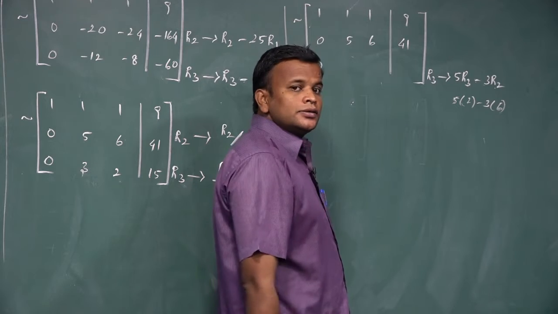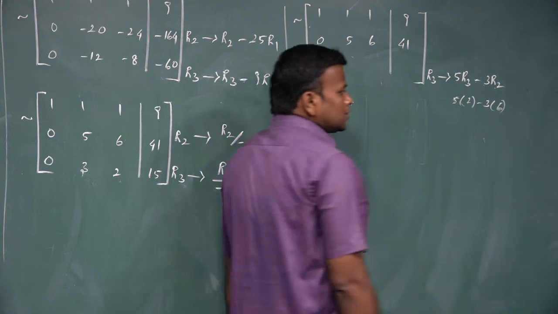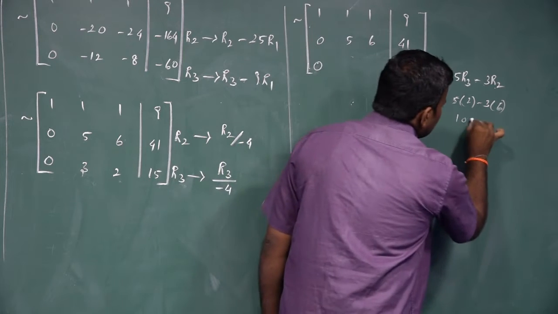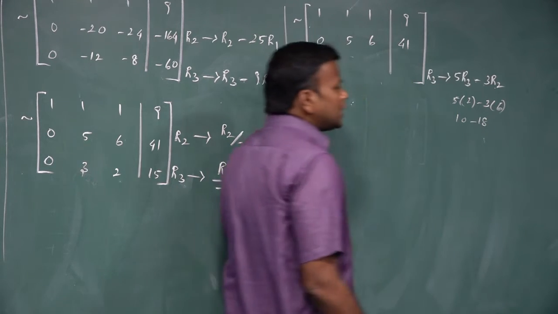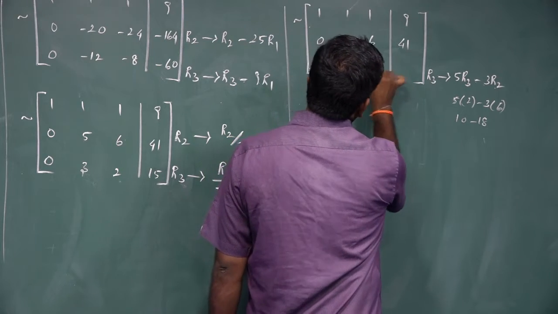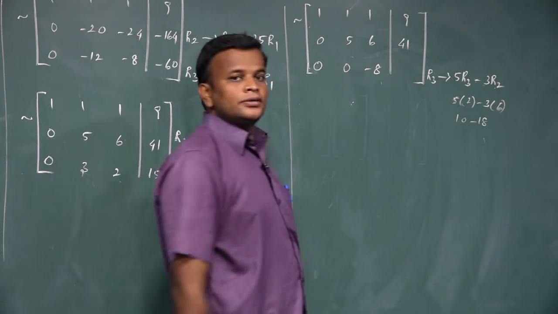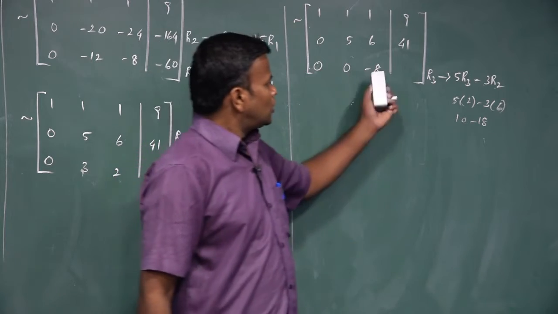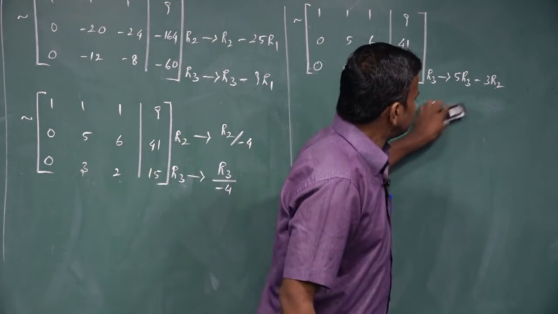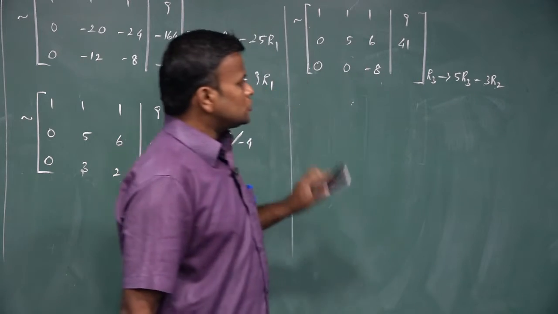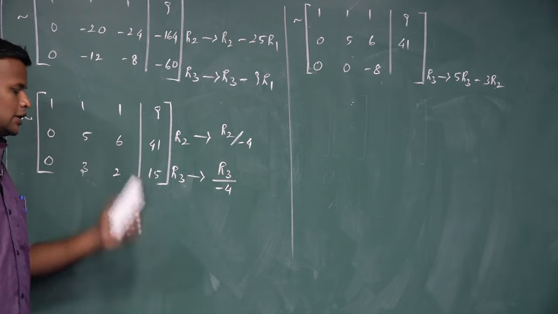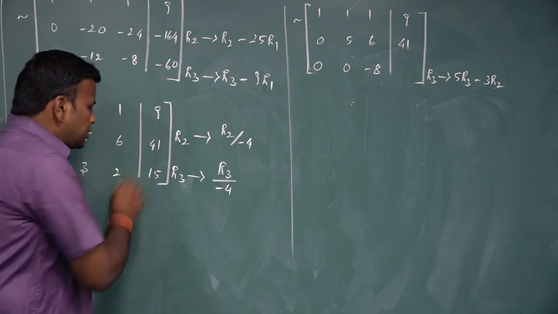What is the final answer? 5 twos are 10, minus 3 sixes are 18. 10 minus 18 is minus 8. That element is already 0 and that element is minus 8. Now the second number is also 0, as we already see, because we interchange the elements. That element is automatically 0.